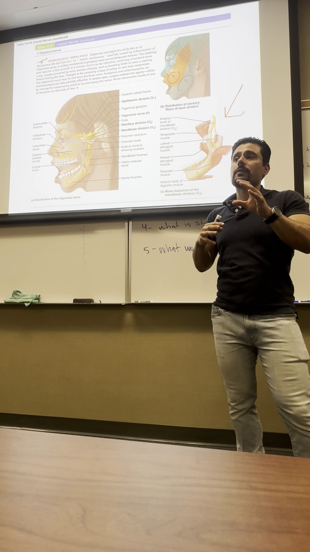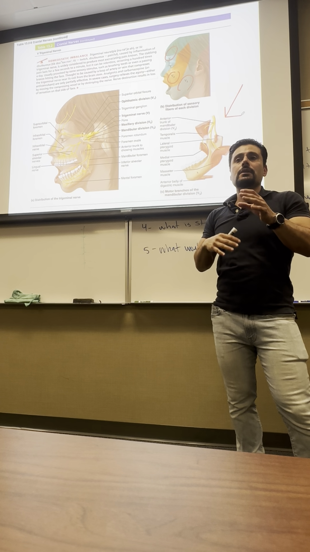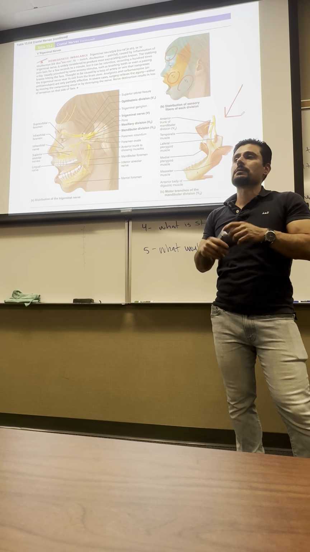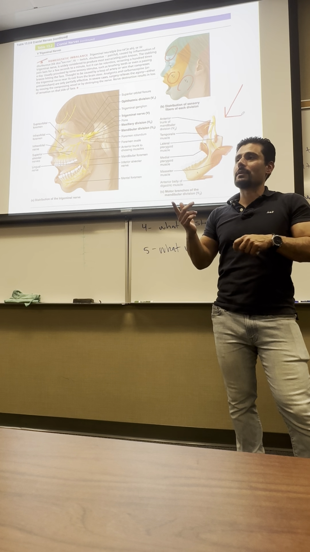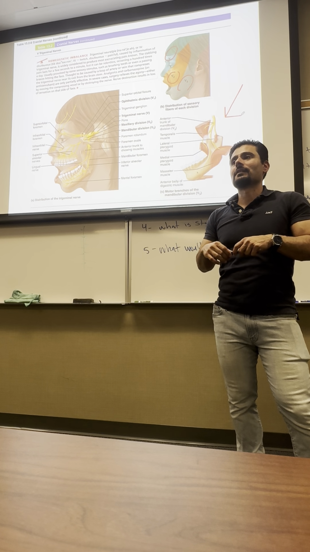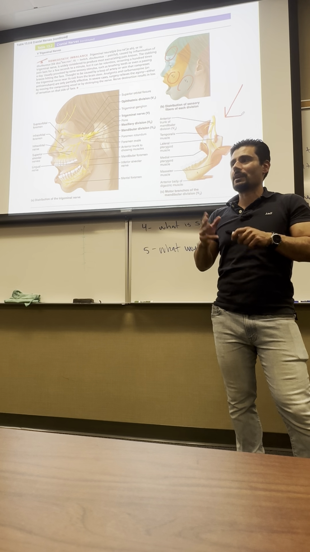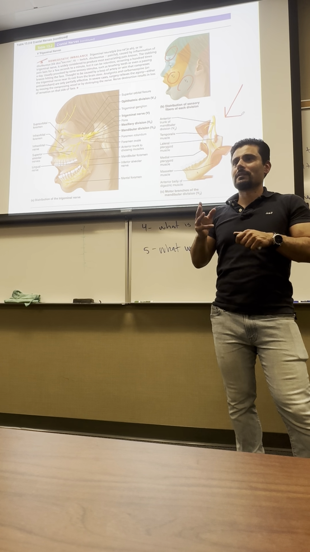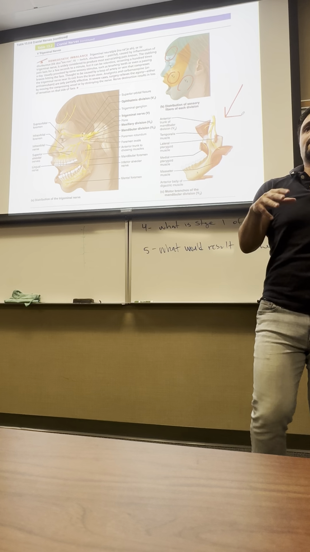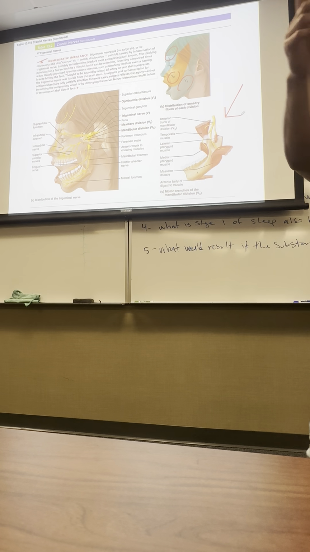So what's the cranial nerve that innervates the masticating muscles? Trigeminal. What are the masticating muscles? Pterygoids. Masseter. Temporalis. Very good. Excellent. Those are the three muscles of mastication.